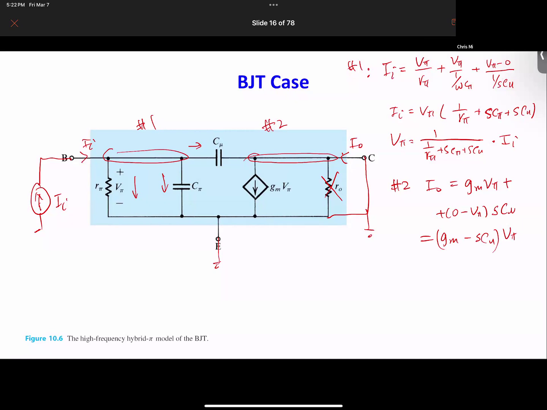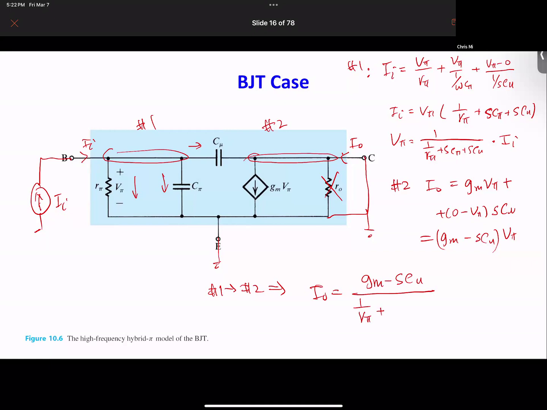So now we plug equation 1 into equation 2. We'll have IO equal to GM minus S C mu over (1 over R pi plus S C pi plus S C mu), times II.